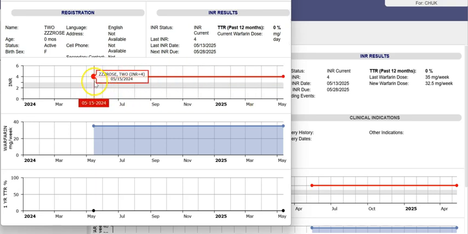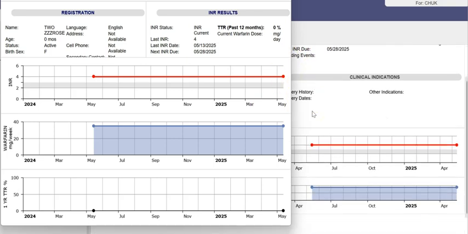Again, only 2 INRs were recorded for simplicity, 1 year apart, both of which were high. And as a result of that, the TTR, the time in therapeutic range, was 0. There was never a time in the past 365 days when the patient had a therapeutic INR.